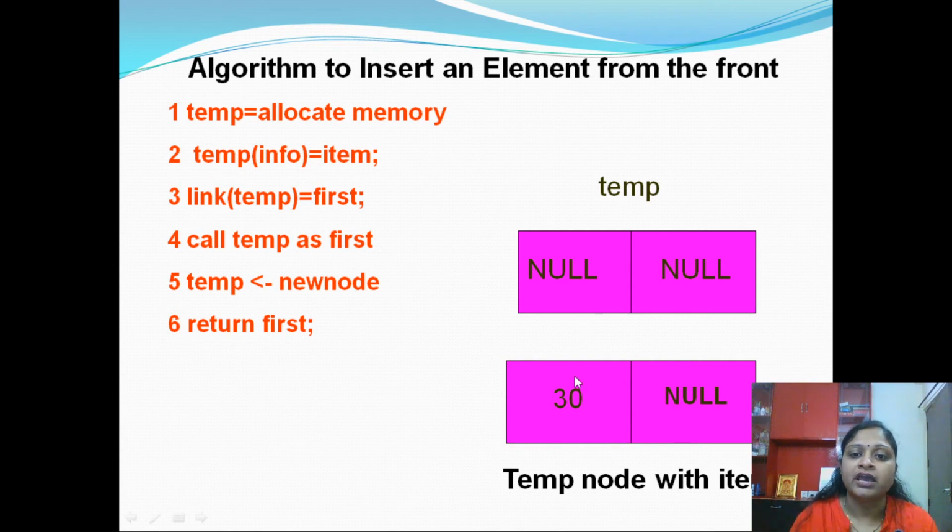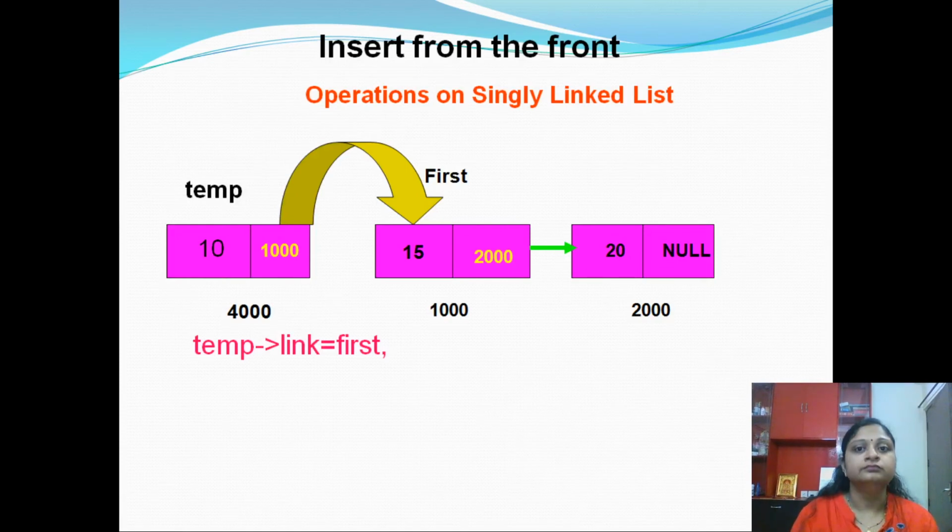Here we have initialized the value 30 in the data part. Since this is our first node in the linked list, we don't have any other node after it. That is why its next part contains a null value. So we have created a node and initialized a value.